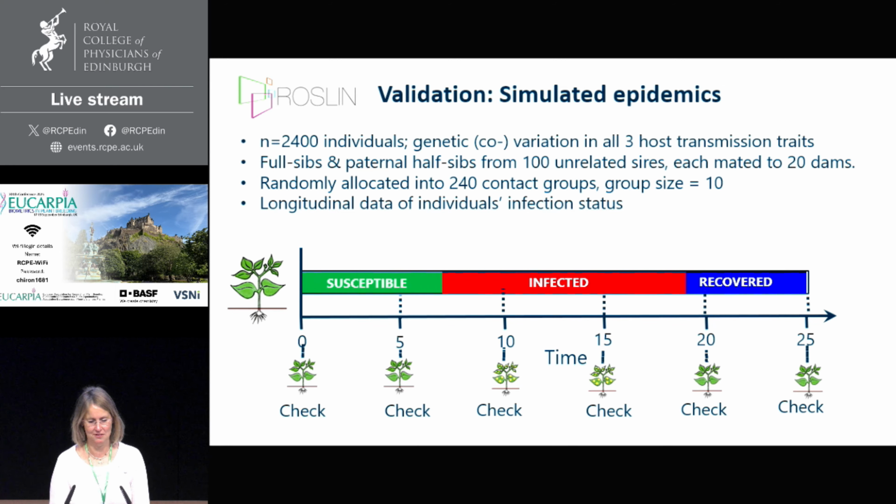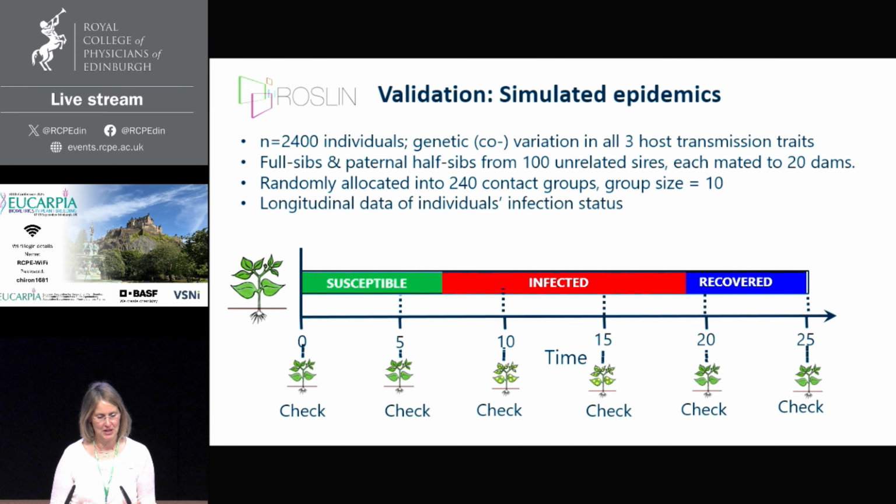Okay, so we validated these two approaches with simulated epidemics. It's always good to start with simulations first. Here we used, for your community, quite a small data set, comprising about 2,400 individuals. This is something we thought we can get for livestock easily. We had genetic covariation in all three transmission traits.